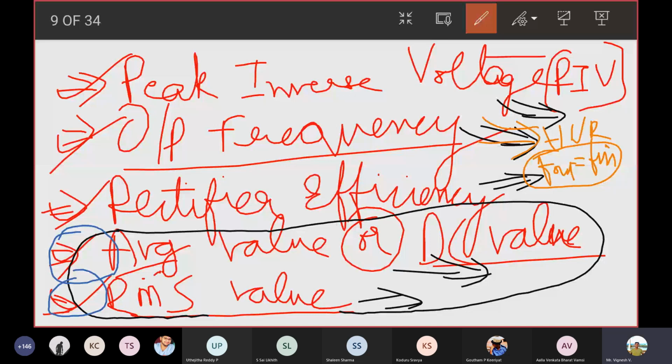This is the formula for the average value or DC value. Do you know what an average value is? Have you heard about this in your earlier courses? Yes, sir. All right, great.